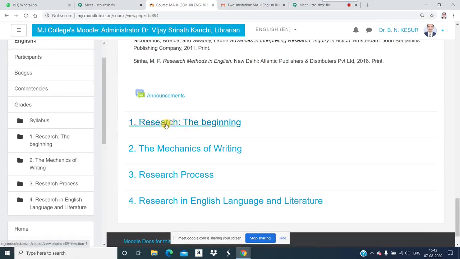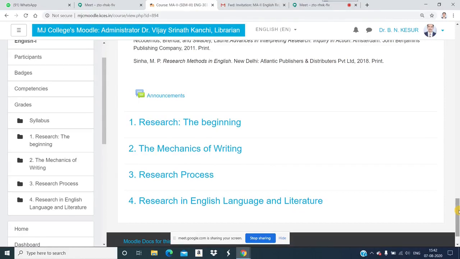Each and everything will be stored on this platform in a particular format, suppose 1, then 1.1, 1.2, 1.3. So it will be much easier for all students, they can refer to it at any time.